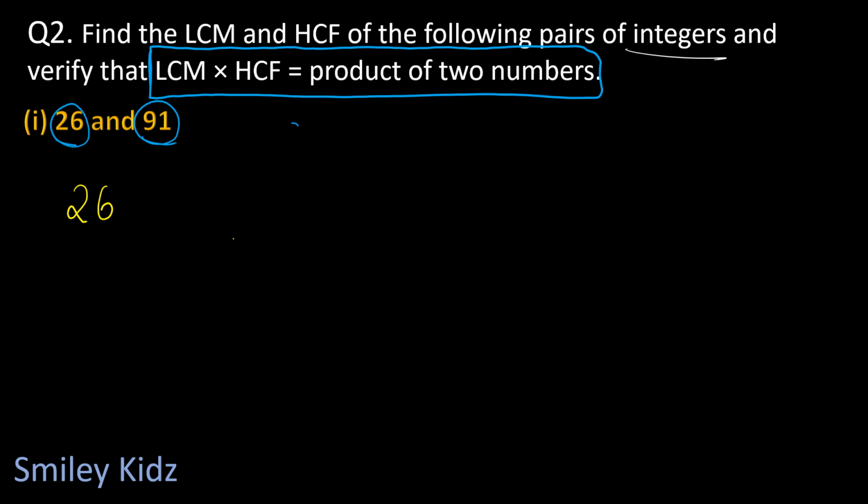So the prime factorization of 26 will be 13 times 2, isn't it? And then what is the prime factorization of 91? Come on everyone. It is 13 times 7. Now what is the LCM of these two numbers?